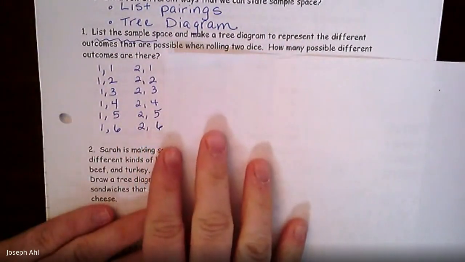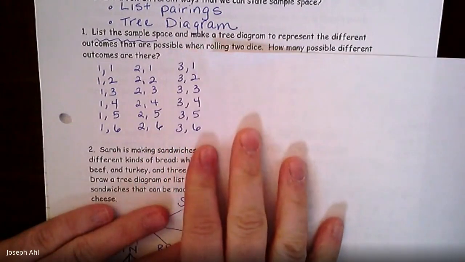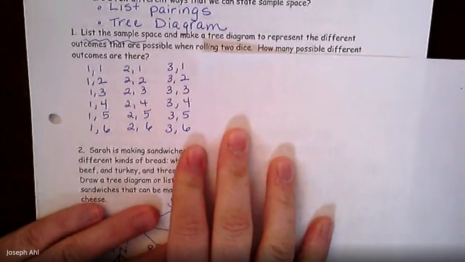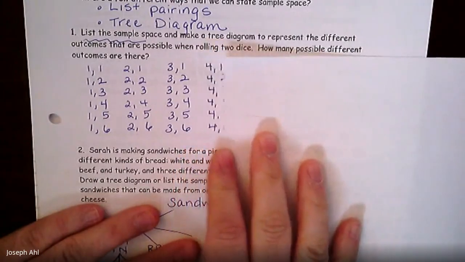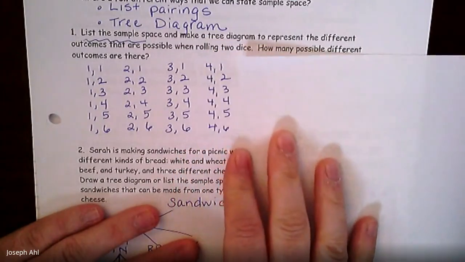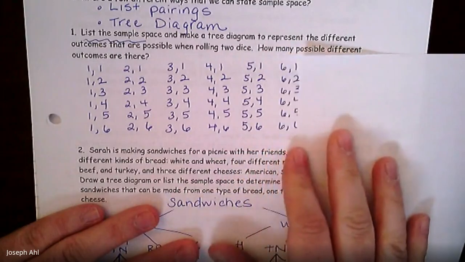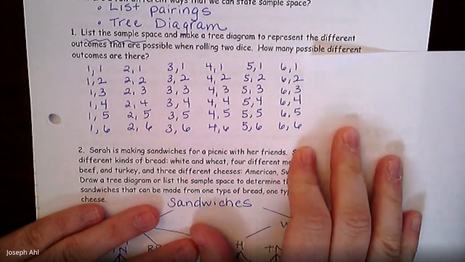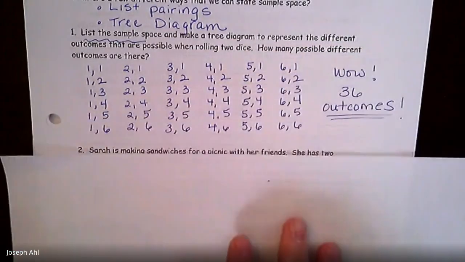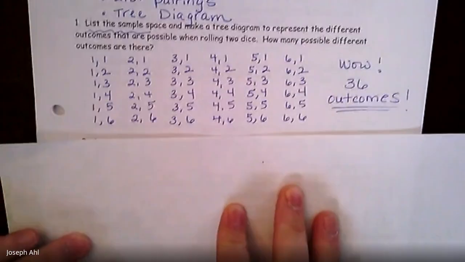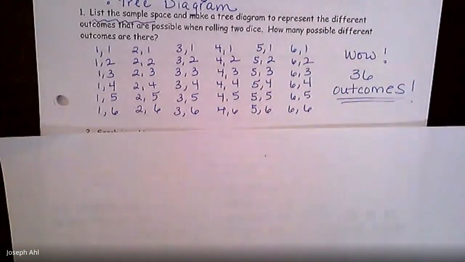If I continue to build that pattern, you can see that depending on what number I get for the first roll of the die, pairing that with the numbers 1 through 6 gets me all these different list pairings. There's a lot of them there. So at the end of the day, the total number of list pairings is 36 possible outcomes when we roll 2 dice.